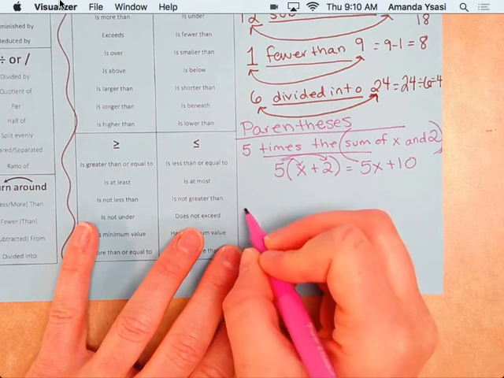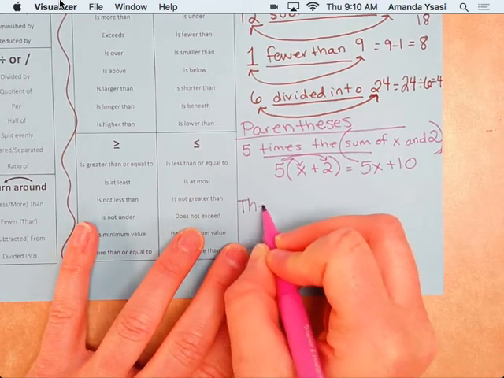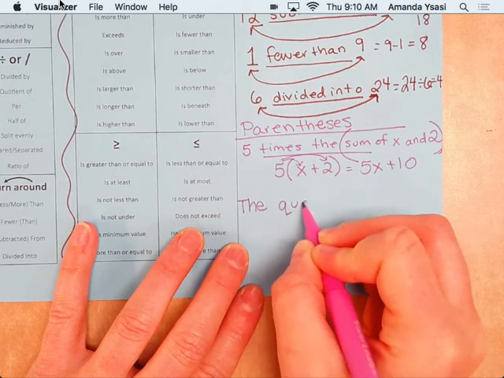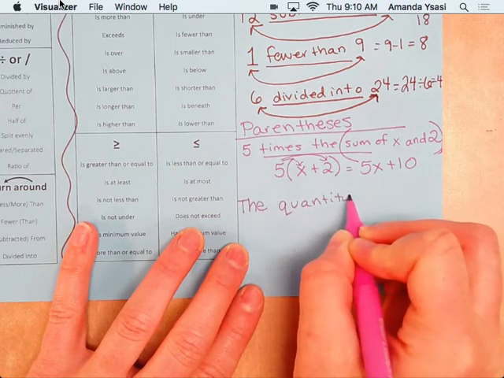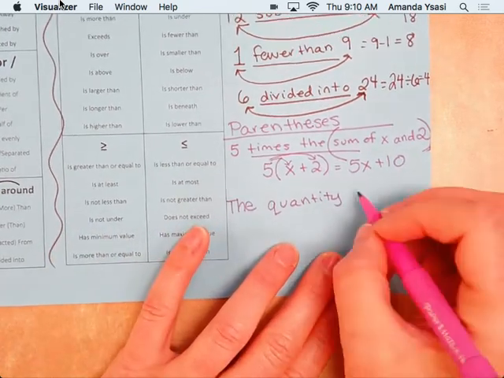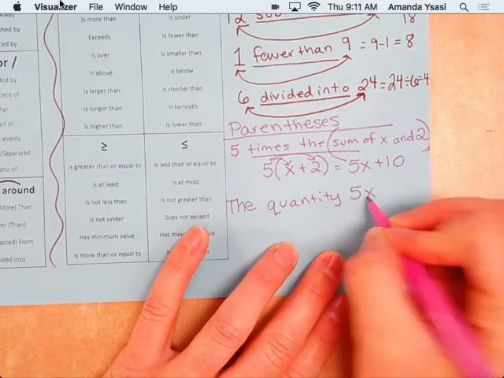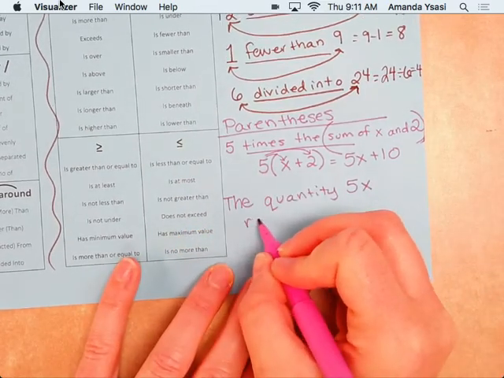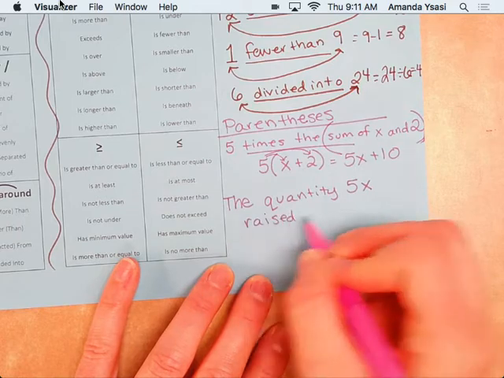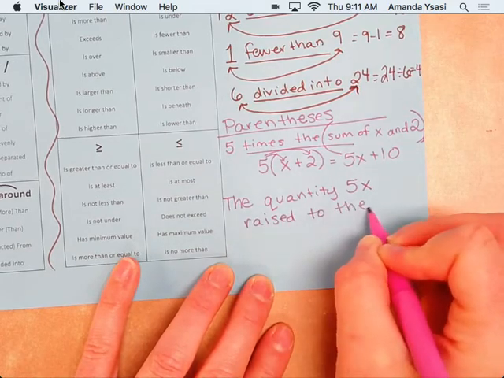Okay, the last example is the quantity 5x raised to the second power.